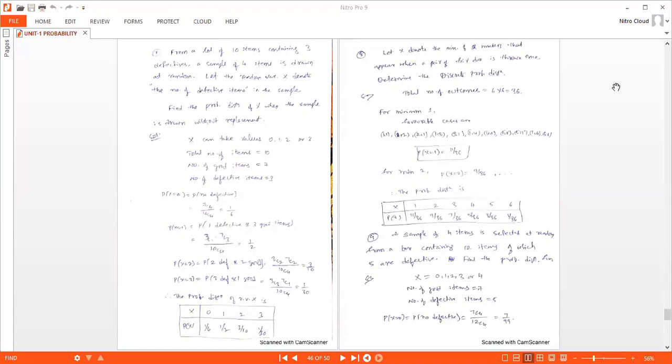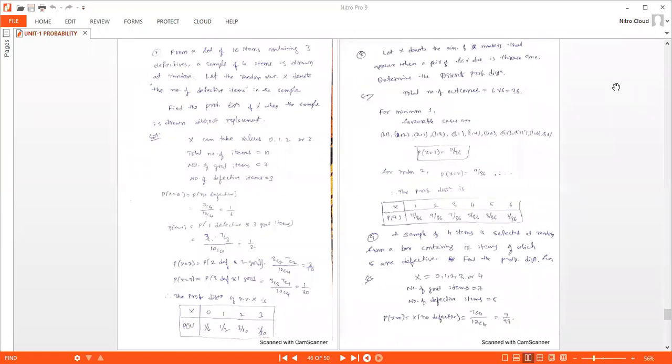Write down all the possible cases, that is favorable cases. Minimum number is 2. So 2 comma 2, 2 comma 3 you can write, 3 comma 2 you can write, 4 comma 2, 2 comma 4, 5 comma 2, 2 comma 5, 6 comma 2, 2 comma 6.